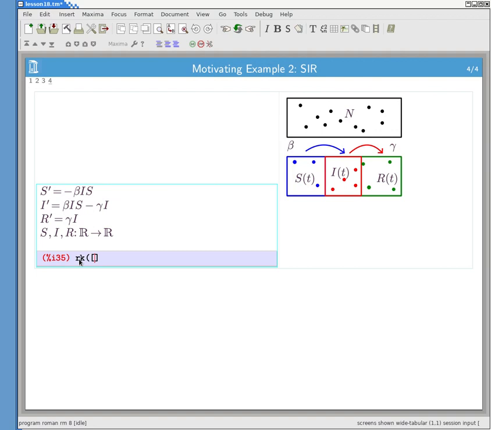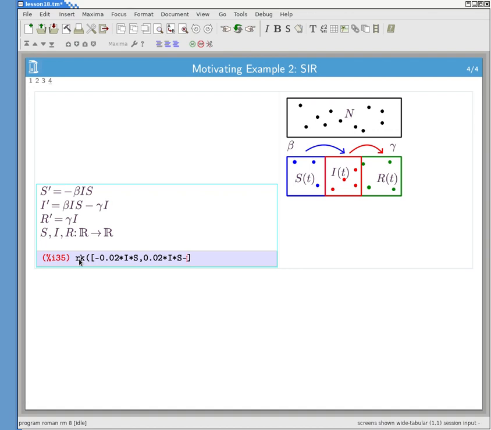And what we have is the rate of change for the first dependent variable. Let's take beta for a moment to be 0.02. Then this gets multiplied with I. This gets then multiplied with S. That's the rate of change for the first equation. Then 0.02 gets multiplied with I and S for the second equation.